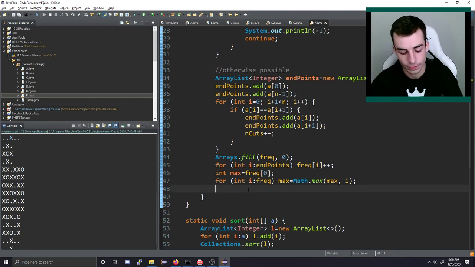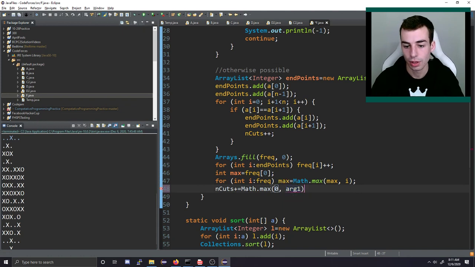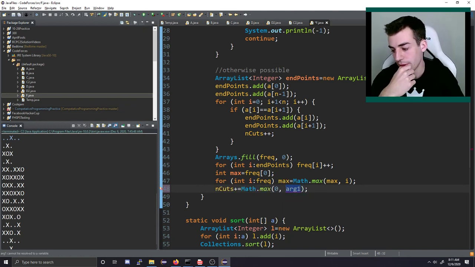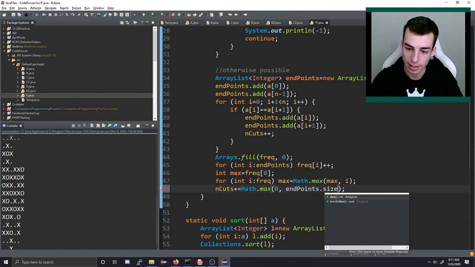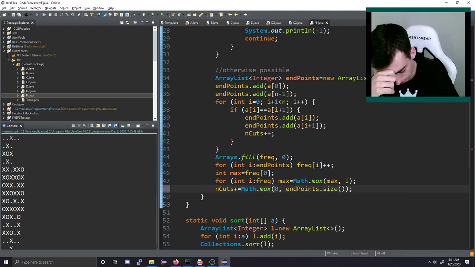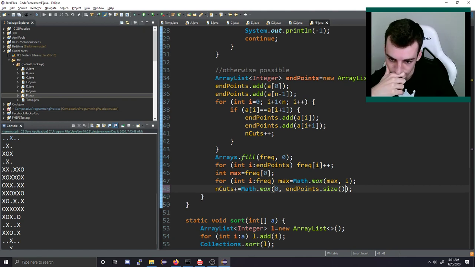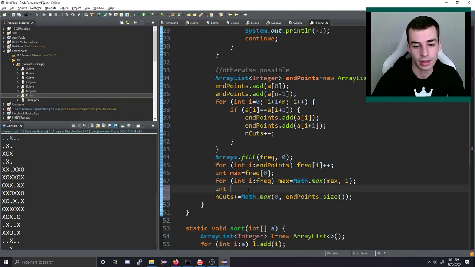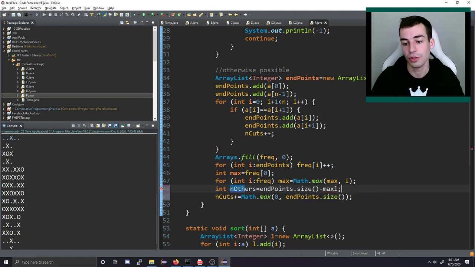Okay, now ncuts plus equals Math.max of 0 and something. This is going to be endpoints.size and others equals size minus whatever is most frequent.